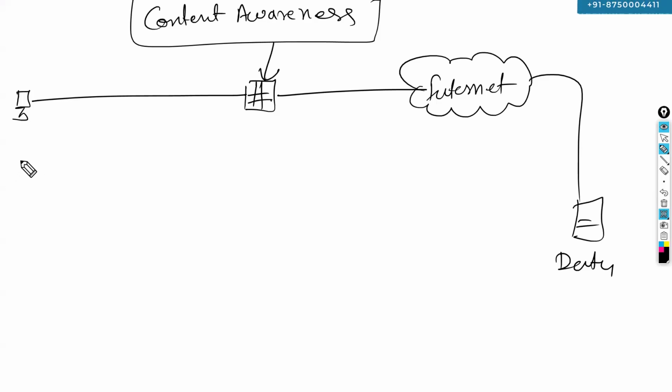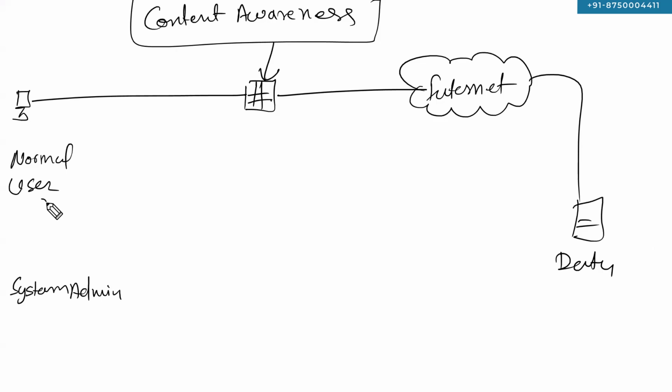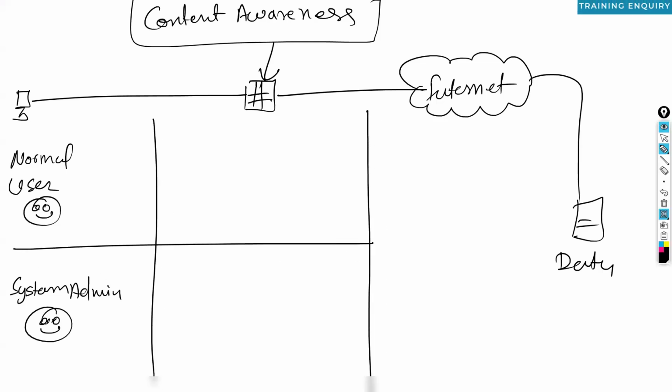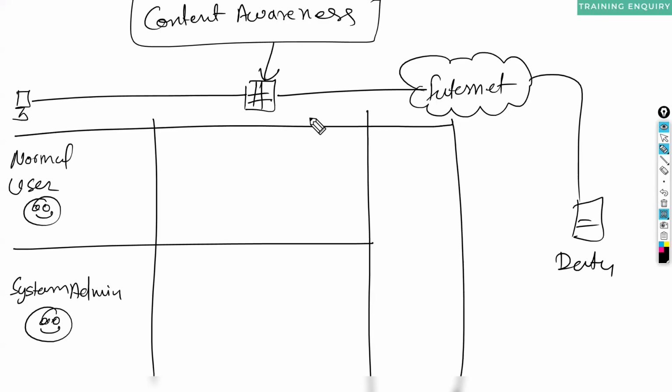We have a normal user, and we have a system admin. We have two users here, normal user and system admin. Now we will create rules on our firewall, one for the system admin, another for the normal user.